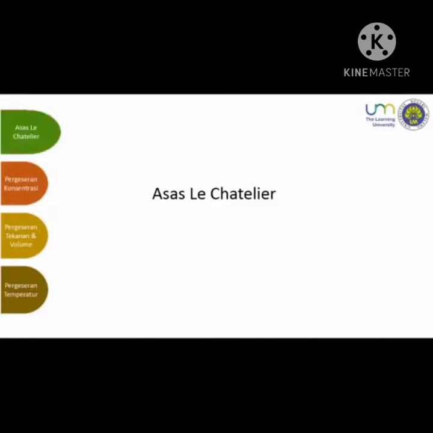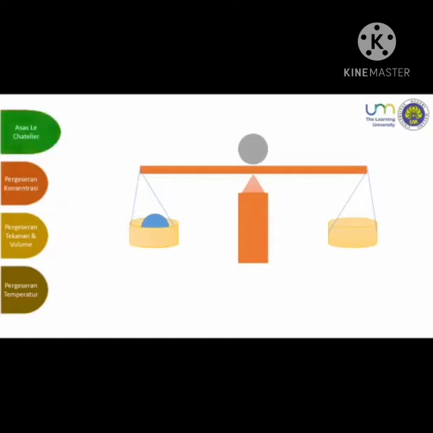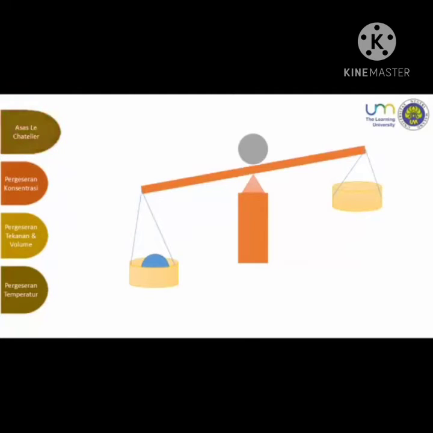Le Chatelier's principle. If in an equilibrium an object is given, in this case the ball, then the equilibrium will change. So it is not balanced, and the end will be on one side. To reduce the impact of this object, the equilibrium must shift to form a new equilibrium.